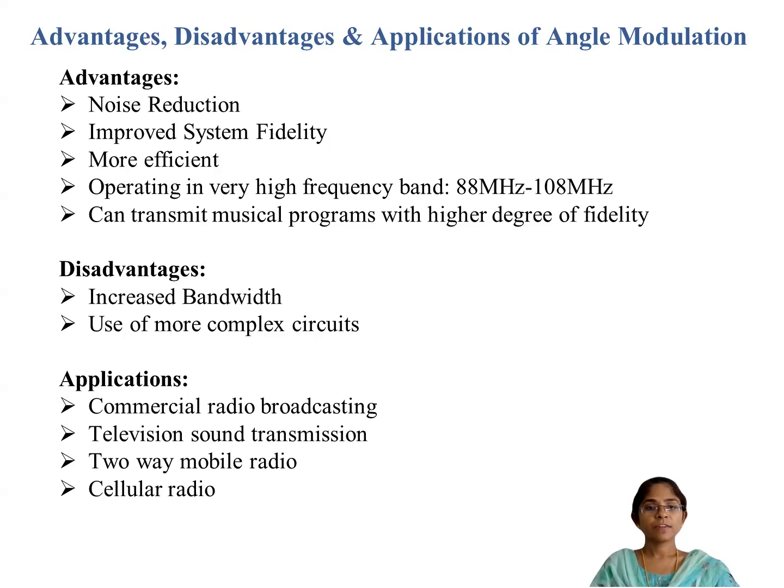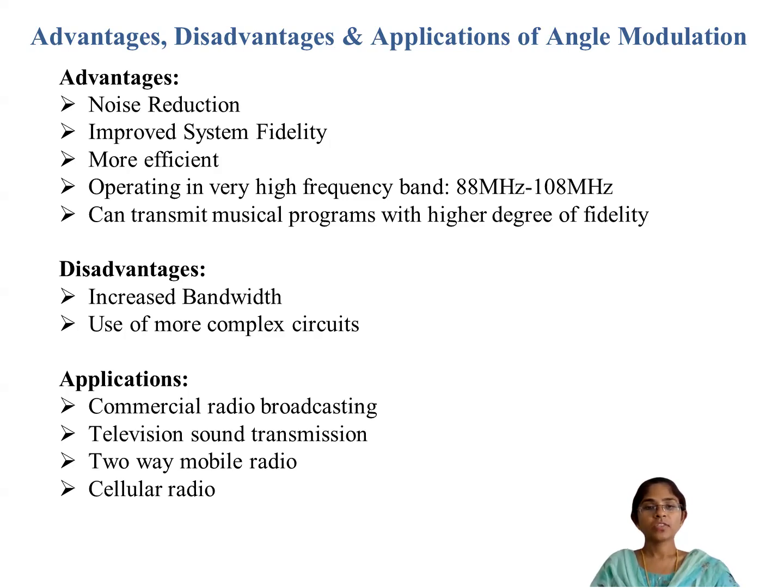There is improved system fidelity, it is more efficient, and the operating frequencies of FM are very high, given by 88 megahertz to 108 megahertz. You can transmit musical programs with a higher degree of fidelity. These are a few advantages of angle modulation.